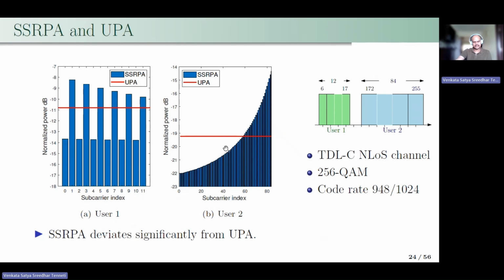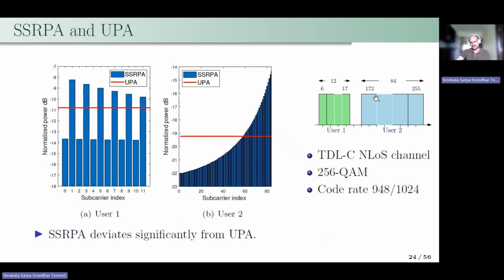This is because of the oscillatory nature of the INI powers at user 1. One more key point to observe here is that for user 1, the subcarriers towards the left are assigned higher powers, and for user 2, the subcarriers towards the right are assigned higher powers.